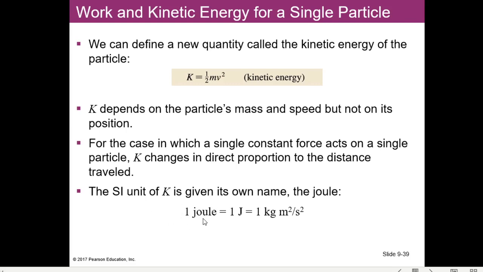We call it a joule, and we use the symbol J. And you can read off what the joule is just from this definition of the kinetic energy. It has to have the same units on both sides of the equation, of course. So the units of joules must be the same as the units of mass, which is kilograms, times the square of the units for velocity, which is meters per second. So this is kilogram meters squared per second squared, and that's right here.